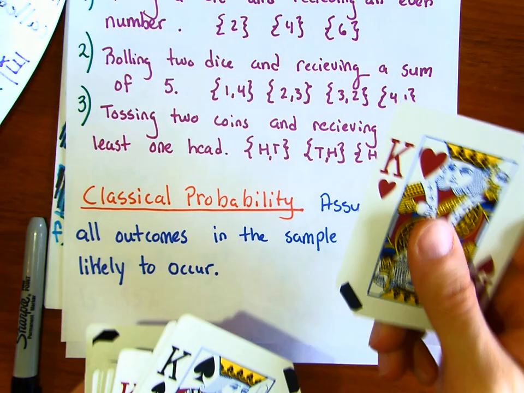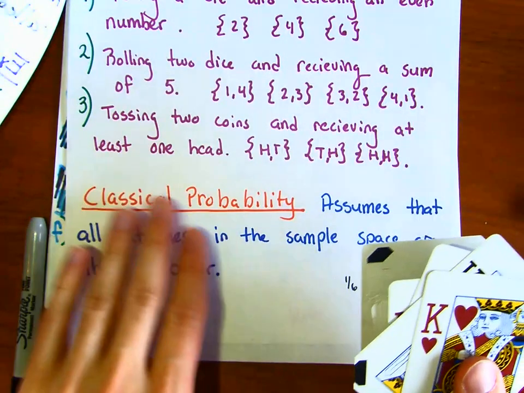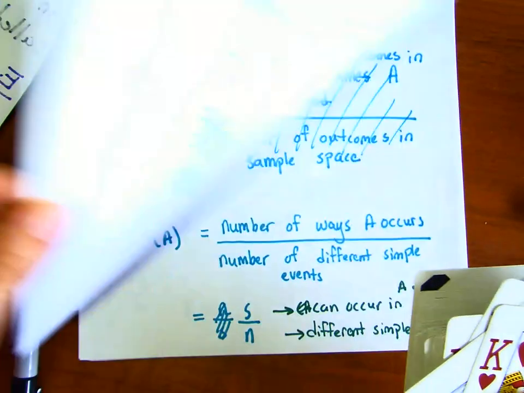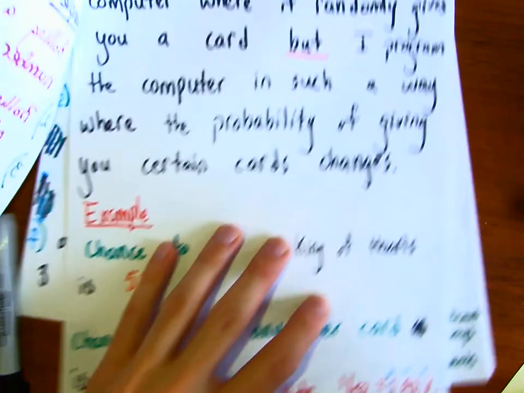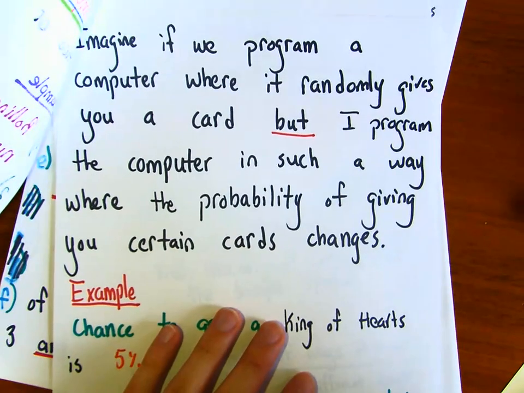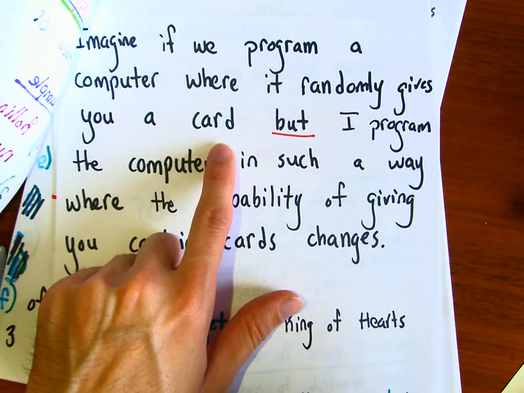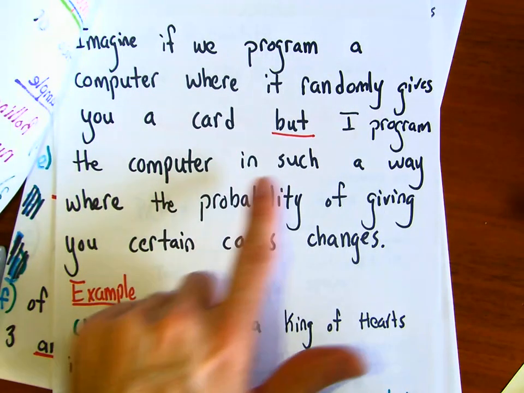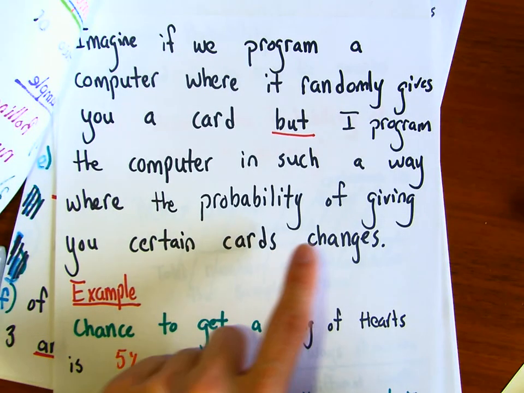We're not changing the chance of me getting this king. What changes or defies this idea is if I were to say, let's imagine we program a computer where it randomly gives you a card, but I programmed the computer in such a way where the probability of giving you certain cards changes.